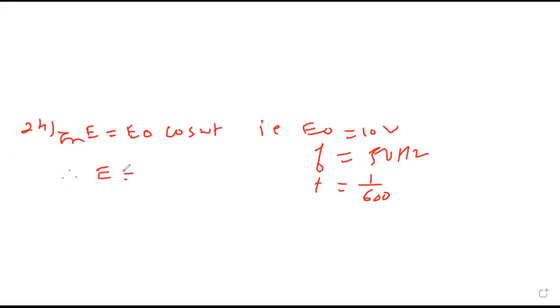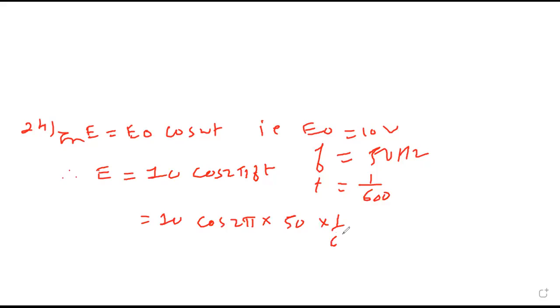Instantaneous EMF E is peak EMF 10 into cos of 2 pi frequency into time. So it is 10 into cos of 2 pi into 50 into 1 upon 600. 50 into 2 over 600, cancel 2 zeros. So 10 into cos of pi by 6.